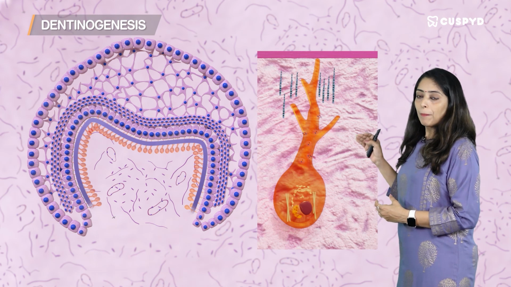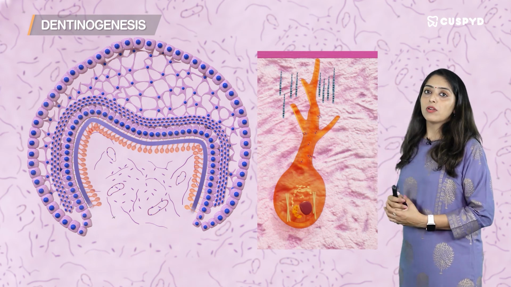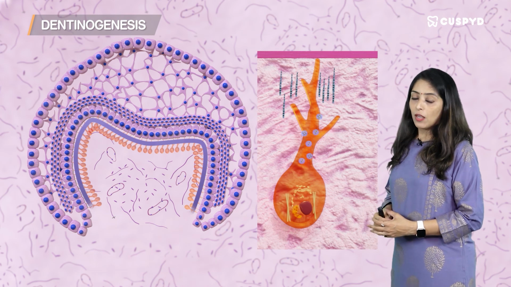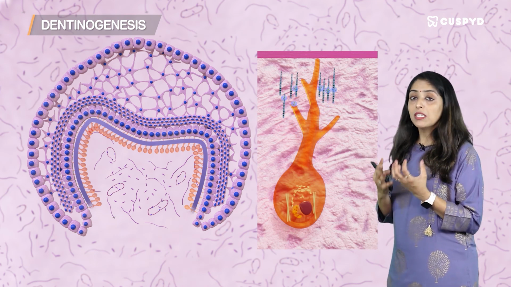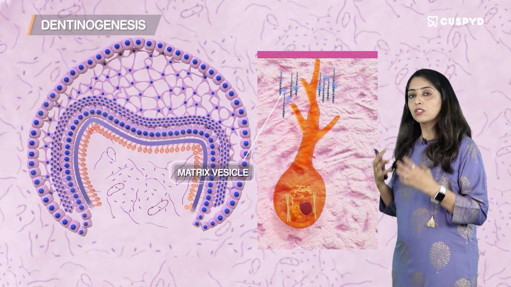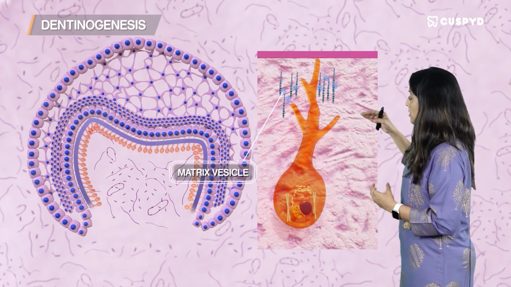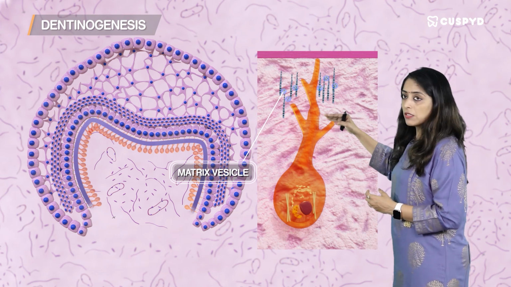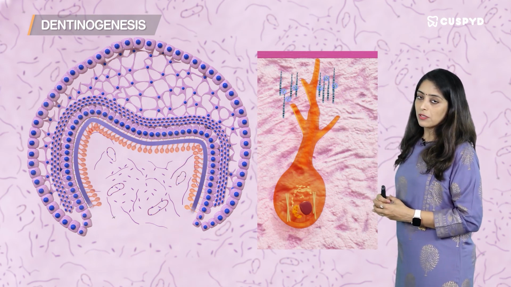This particular odontoblast starts depositing some units called matrix vesicles. These matrix vesicles are actually an environment in itself which has all the properties required for mineralization. These matrix vesicles are deposited by the odontoblast in relation to the collagen fibers.